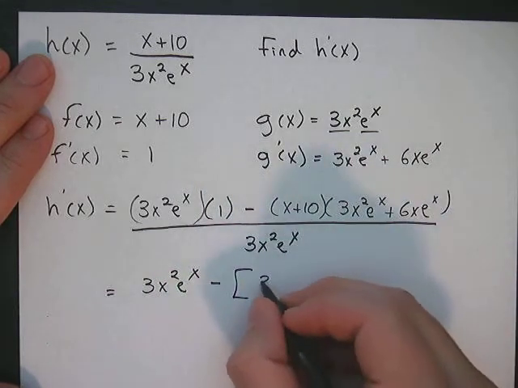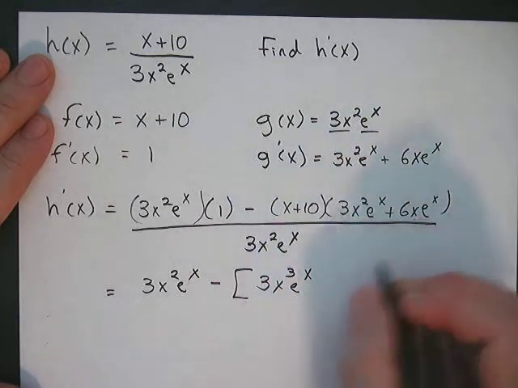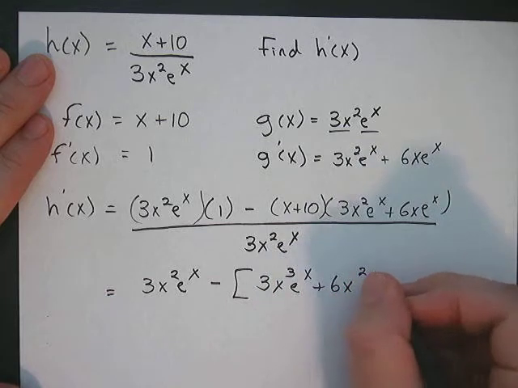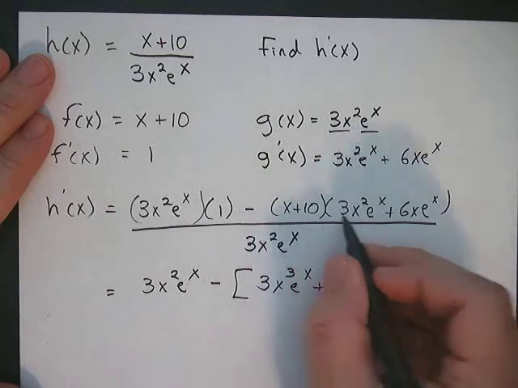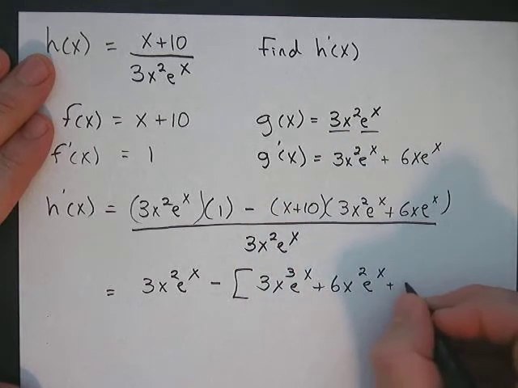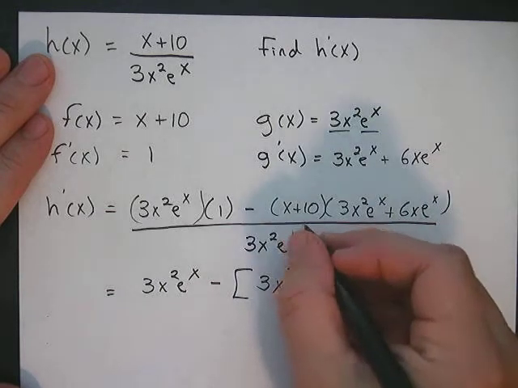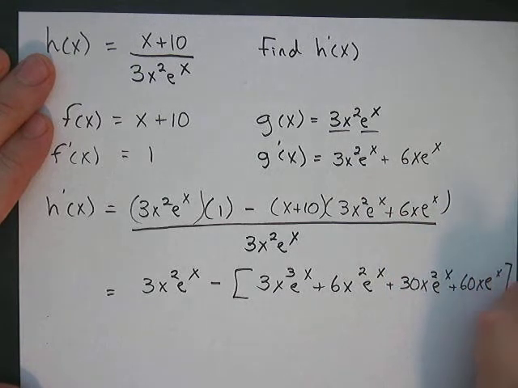So we have 3x cubed e to the x, and then plus 6x squared e to the x. And now let's do the 10 as well. 10 times 3 is 30, so plus 30x squared e to the x, and then 60x e to the x.